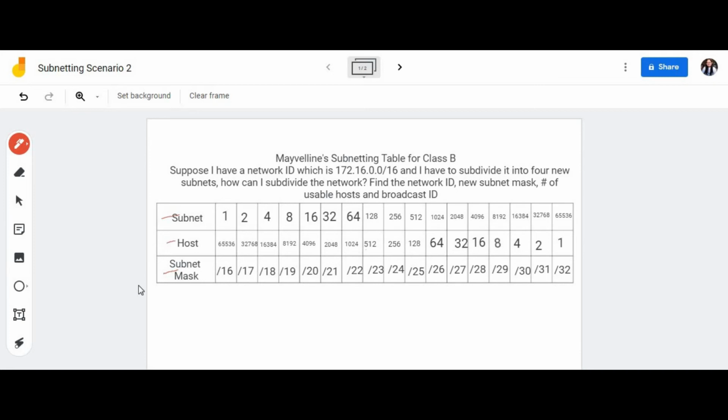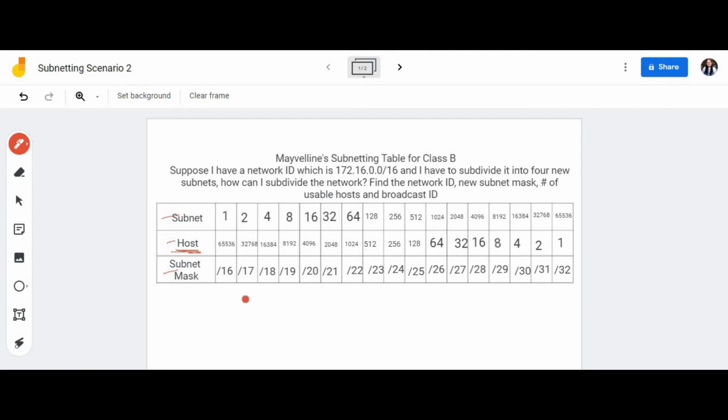If you already forgot, the subnet column is the number of the target subnets in the problem. We have our host, which is basically the number of available hosts. Keep in mind, this is the number of available hosts. And the subnet mask is the subnet mask for the target subnets.